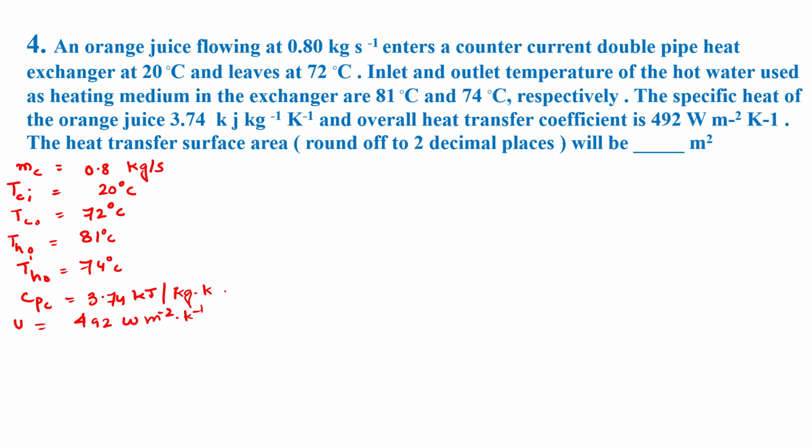So first we'll calculate the rate of heat transfer for the orange juice, that is Q = m Cp delta T. m is given as 0.8, Cp is 3.74, and delta T, that is 72 minus 20, is 52.